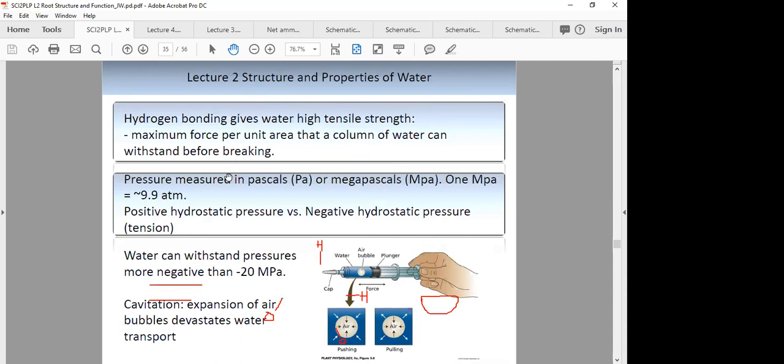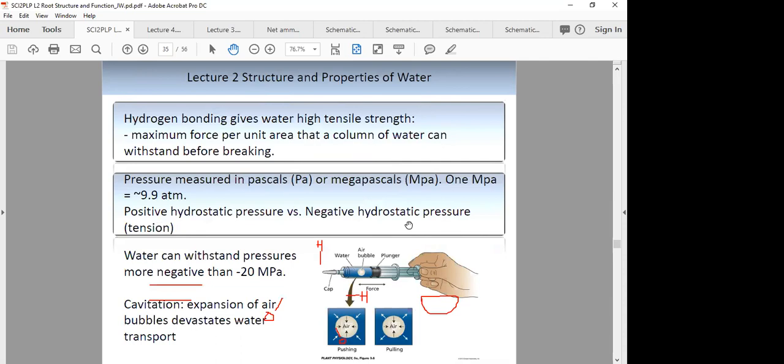Okay, so you would have looked through this and listened to the lecture, and you know that pressure is measured in pascals or megapascals. This is what you'll see most frequently used, this particular unit here. And you already know about the 2 different pressures that exist in plants: positive hydrostatic pressure and negative hydrostatic pressure. So let's just recap.